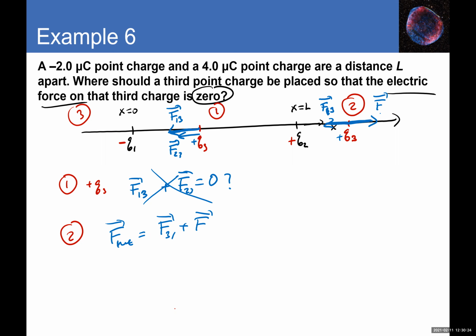This is 1 exerting on 3 and 2 exerting on 3. So that means this is the force that 1 exerts on the third plus the force that 2 exerts on the third. Can this be then 0?